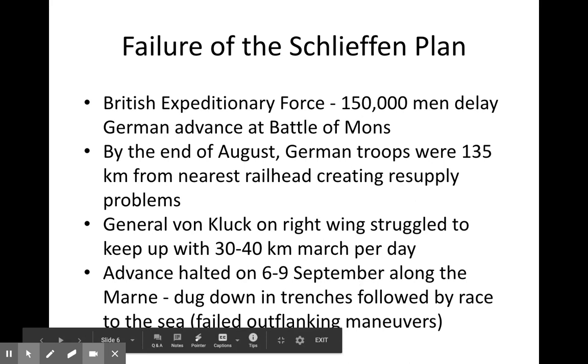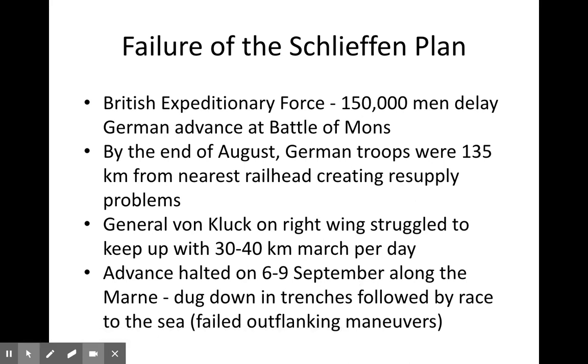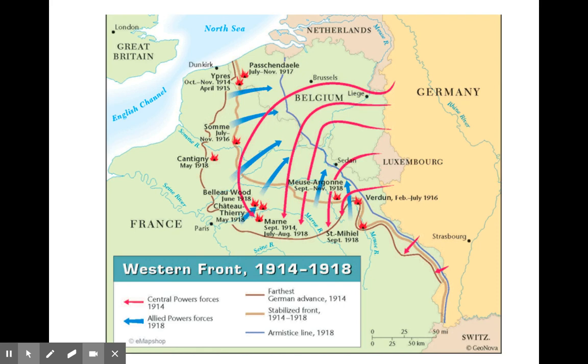It's at this point that both sides dig down into a series of trenches. This is followed by a race to the sea, a series of outflanking maneuvers where they're trying to get around the enemy. Remember that there are not a lot of planes in World War One. So look at this map with me for a second. If this is the front line and you are facing your enemy, you should be able to see my cursor here.